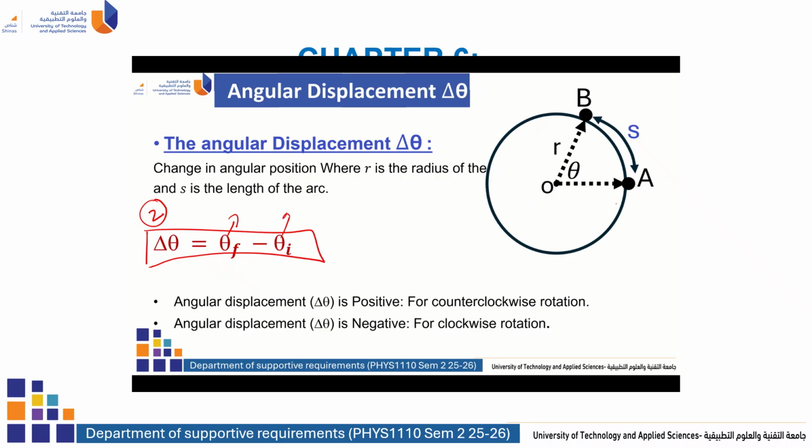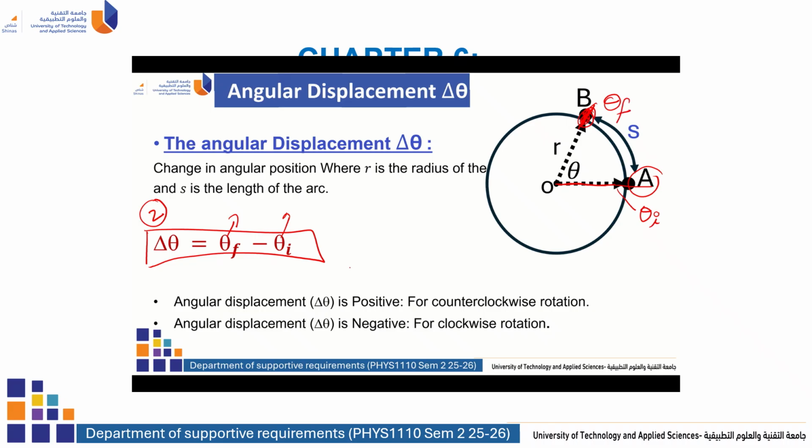For example, in this diagram, the object started from position A. With respect to this line, this position in terms of the angle is denoted by theta i, and if the object moves up to point B, it moved some angle, and the angular position at this point is denoted by theta f.